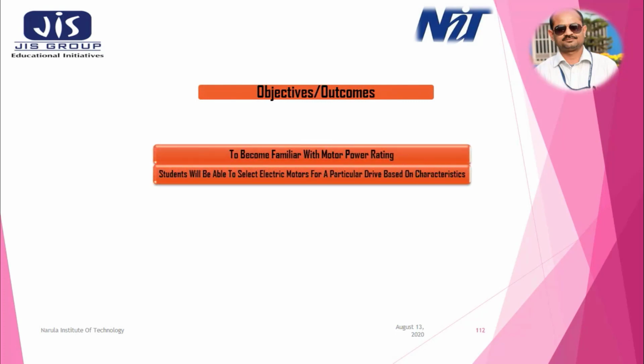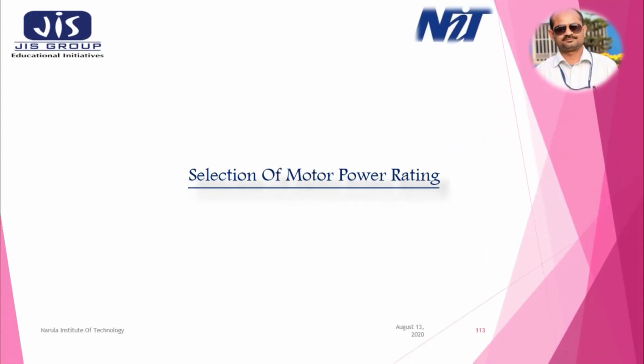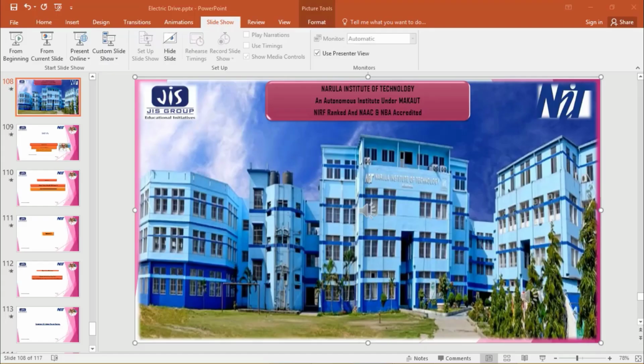So this is my objective, to become familiar with motor power rating, and the CO which it will be covering is: student will be able to select electric motor for a particular drive based on characteristics. Okay, so let's start selection of motor power rating.